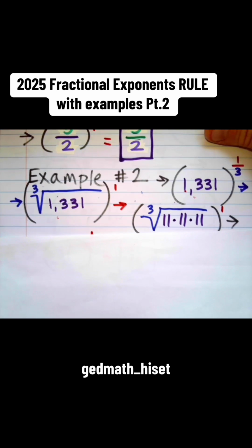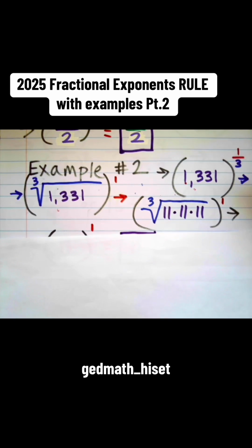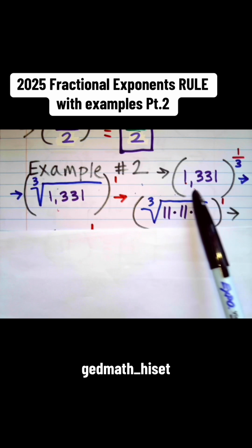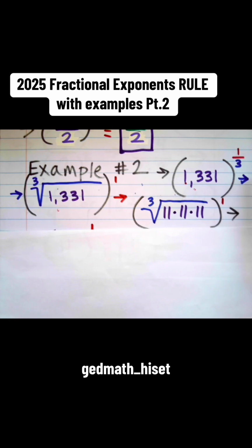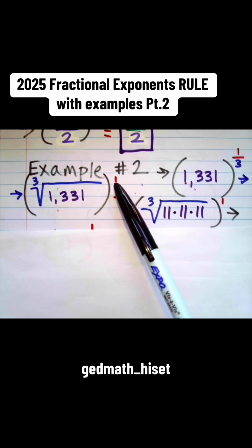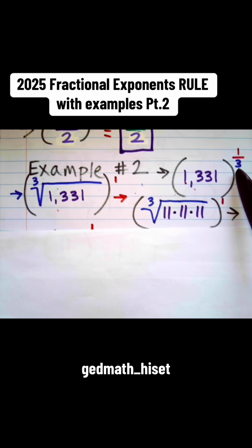If I'm going too fast, please stop, rewind, and review the video that we have here. So here we've got example 2, 1,331 raised to a power of 1/3. Again, the numerator is your root power, which is 1 here. The denominator is your cubed root.